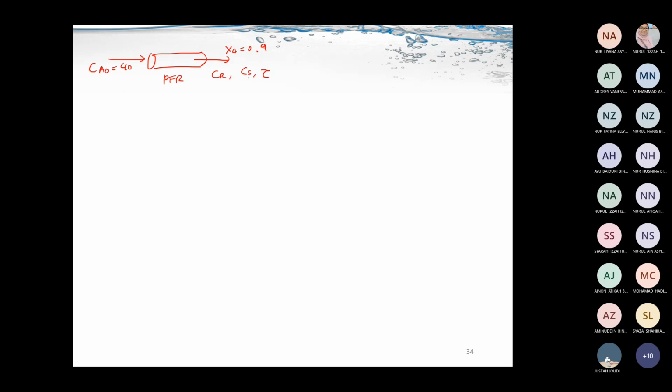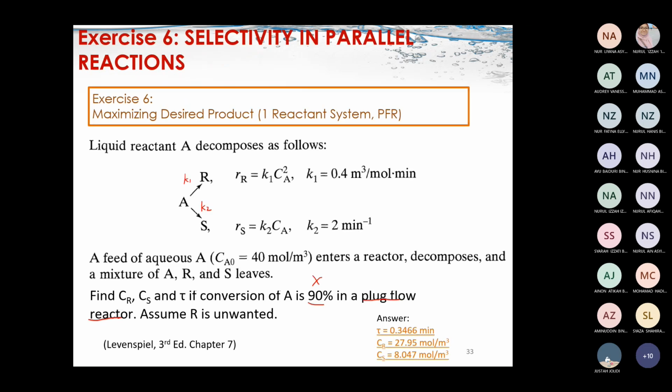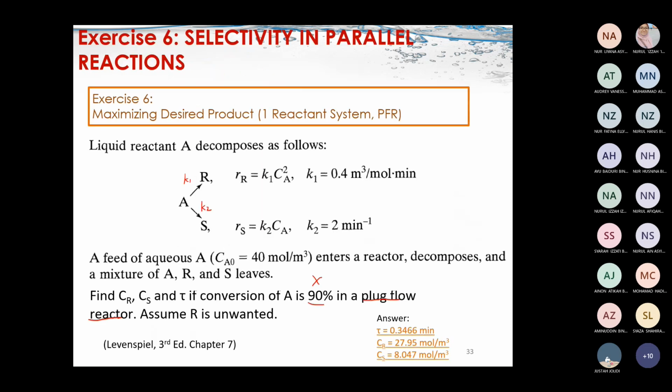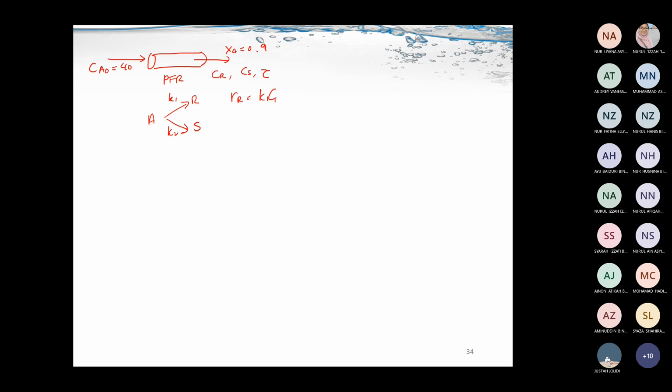Okay, so it is given that A to R and A to S. Then we have K1. I tulis balik supaya senang. So this one is RR. RR is equal to K1 CA2.